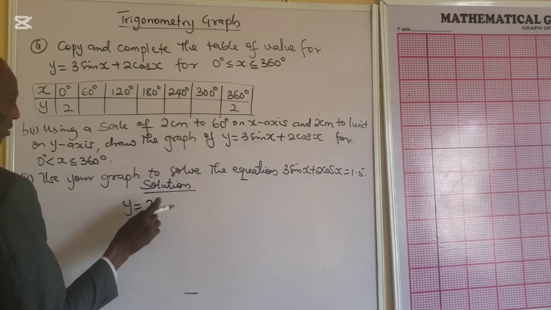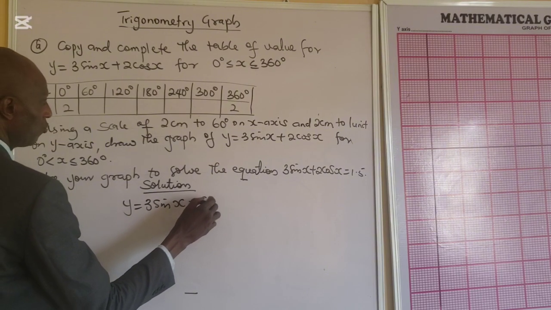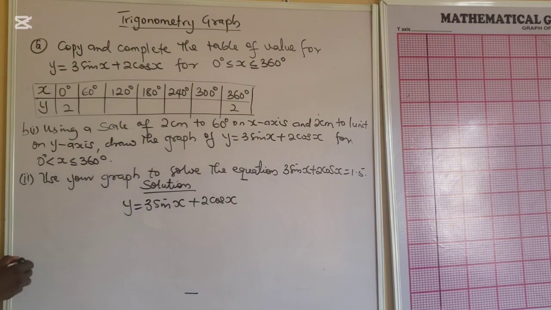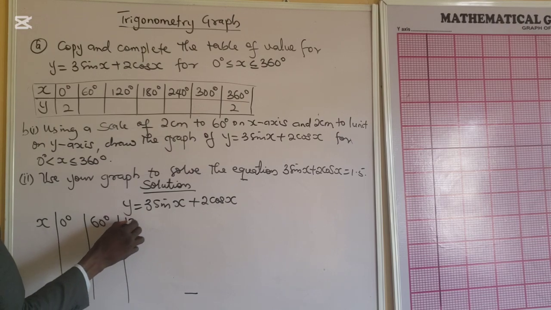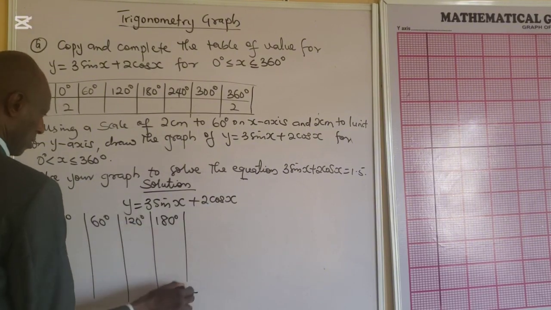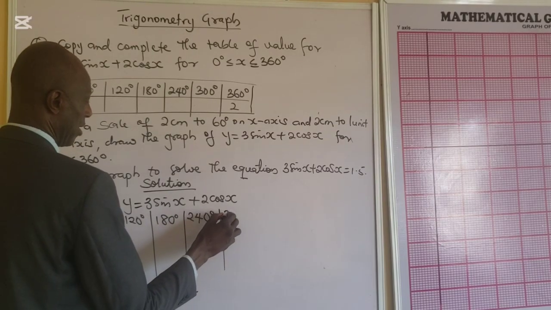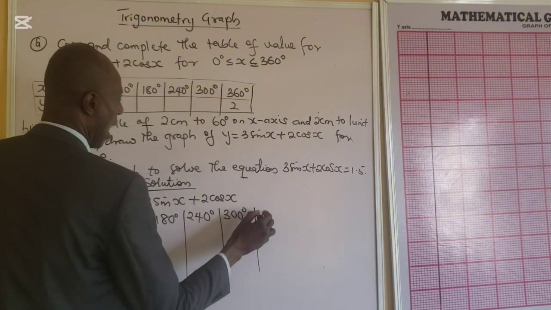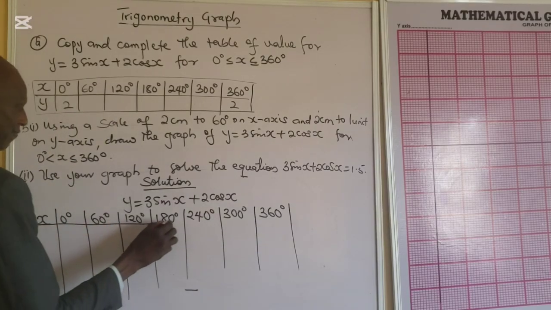They will give marks for this. 3 sine x plus 2 cos x, and x is given here as 0 degree, here is 60 degree, here is 120 degree, here is 180 degree, here is 240 degree, here is 300 degree, and here is 360 degree. Now, that is the value of x.